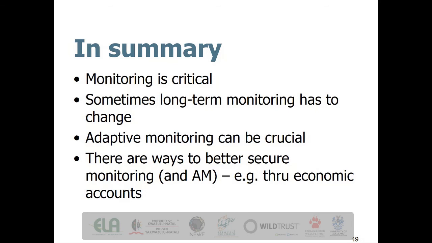And there are ways to secure both conventional monitoring and adaptive monitoring, and environmental and economic accounting can be a really important way to support that.